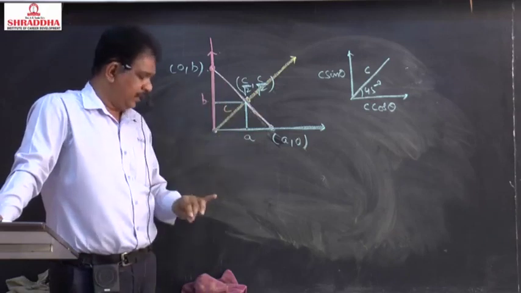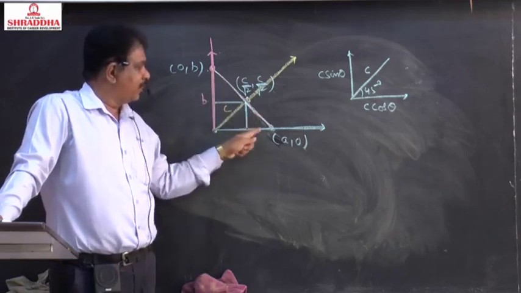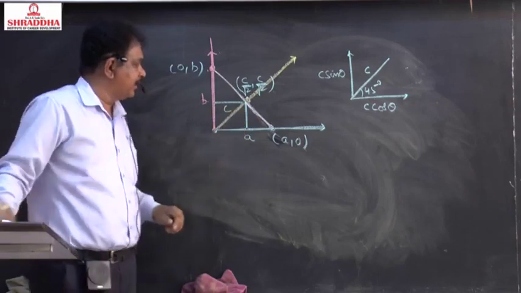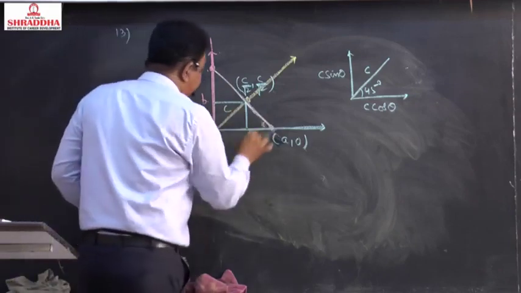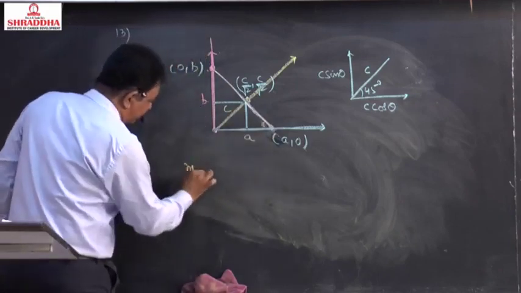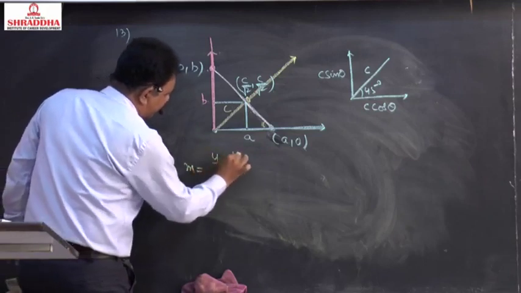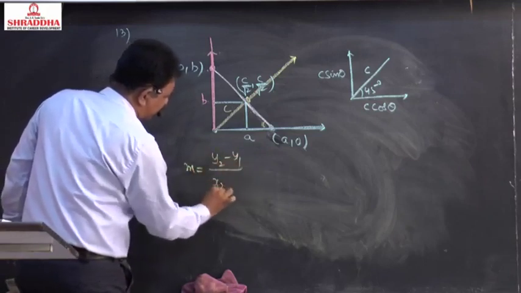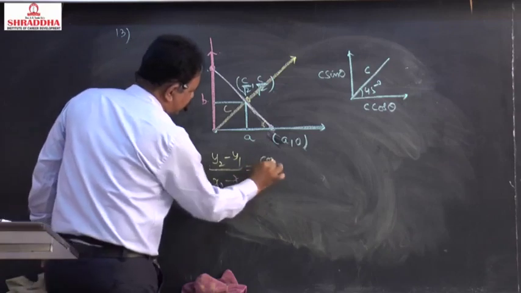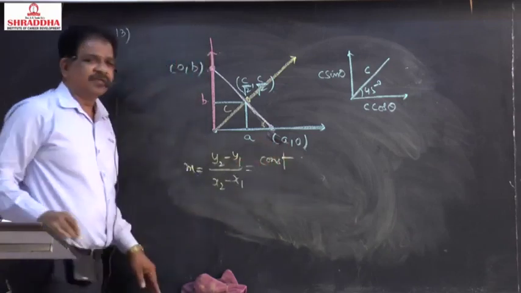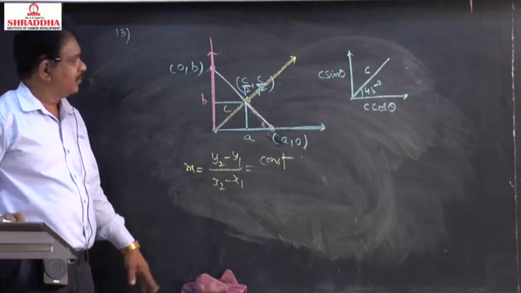All are collinear, means the slope of this line will be constant. So slope m is equal to y2 minus y1 by x2 minus x1, that is equal to constant.